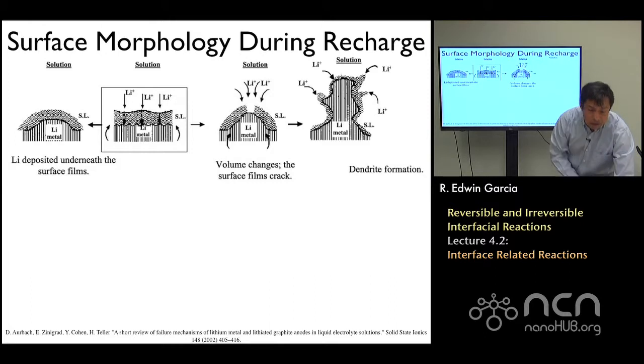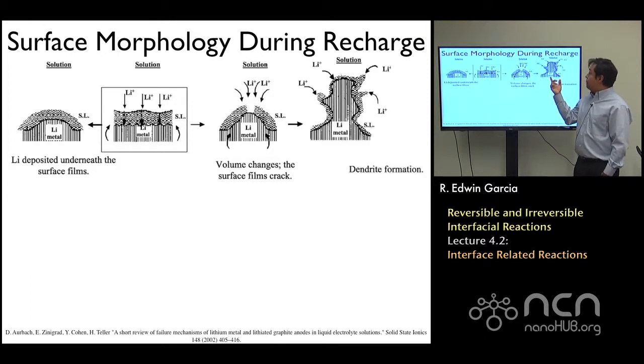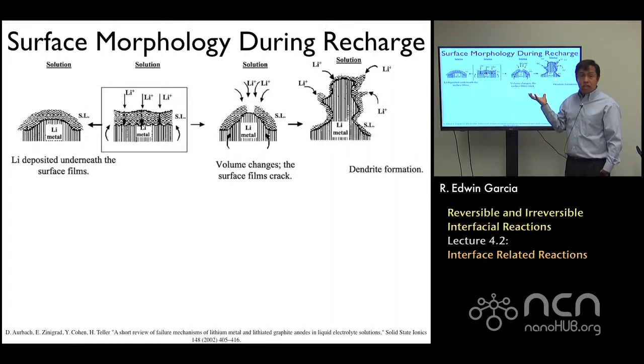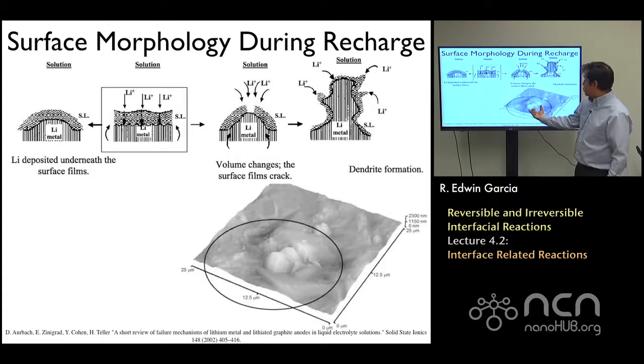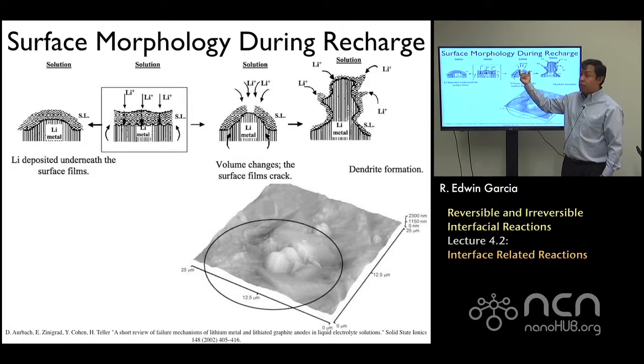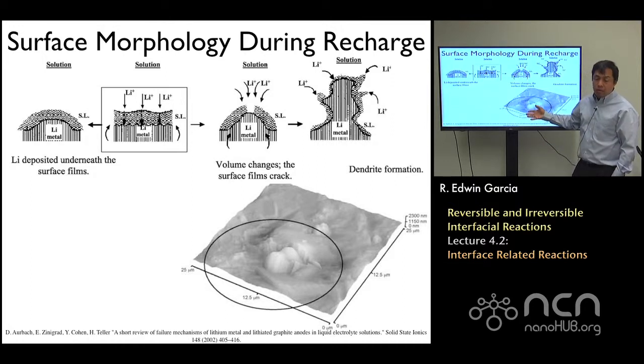As a result, it is expected to be a mechanism for the anisotropic growth of this lithium material, so that instead of growing flat, it starts growing in these very complex shapes that are usually called dendrites. So when you are charging your cell, you will find these giant boulders that form as a result of a combination of the breaking and redeposition of SEI, which people expect to happen.